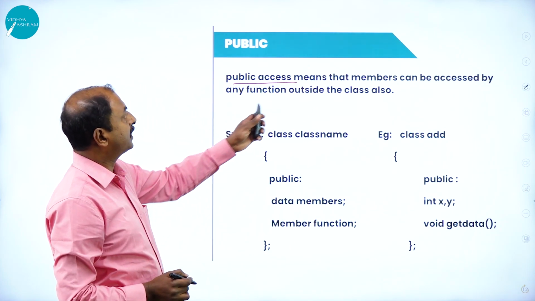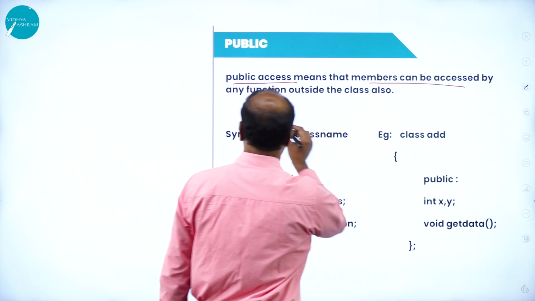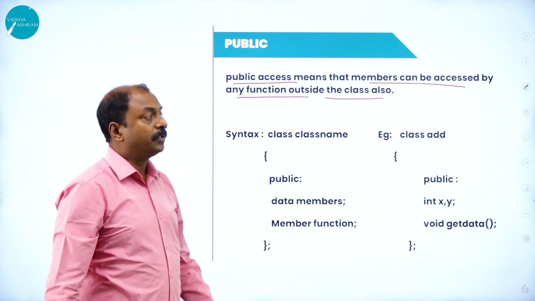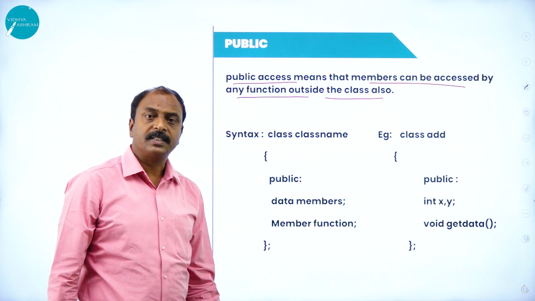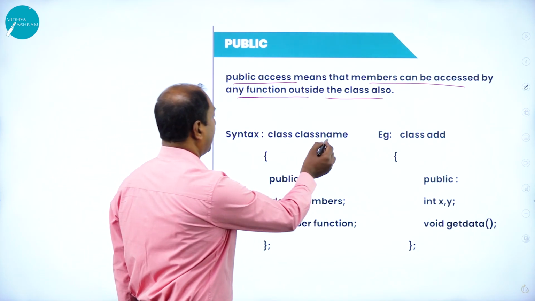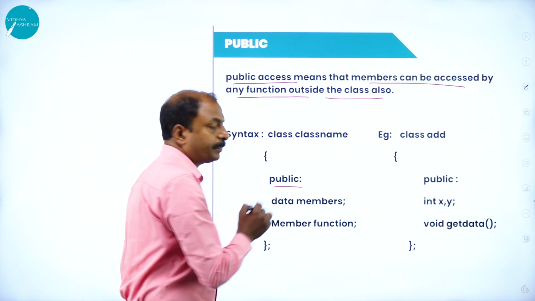In the next slide, we will see what the public access specifier is. Public access specifier means members can be accessed by any function outside the class also. This is the definition of the public access specifier. Again, let us see the syntax. Class name, open the bracket, and here is the public access specifier.